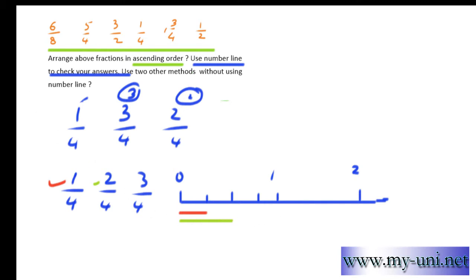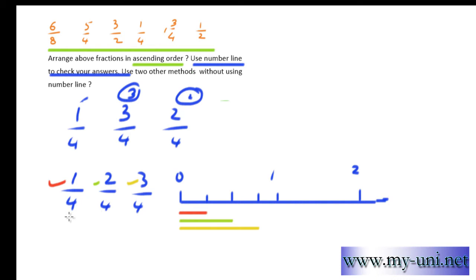And this is our number 3. The magnitude or the size of this fraction is 3 of 4. So as you can visually and graphically see, this is the smallest fraction, this is the fraction in between, and this is the biggest fraction out of the 3.